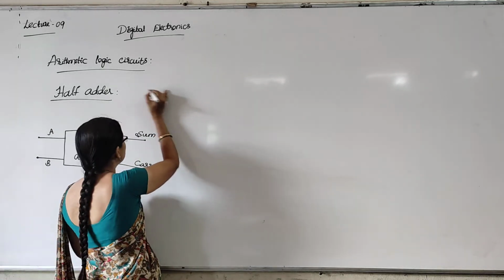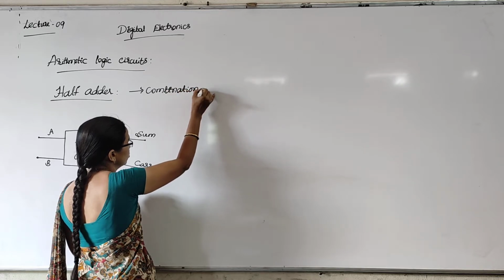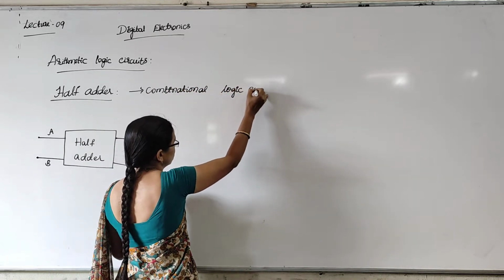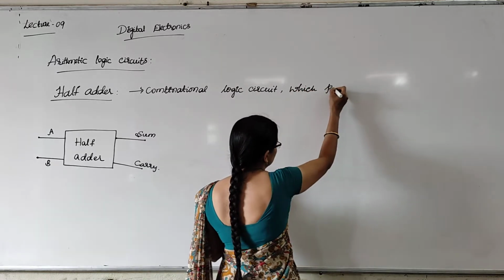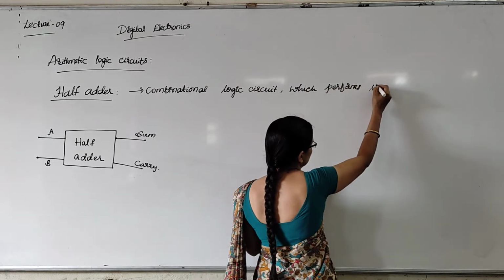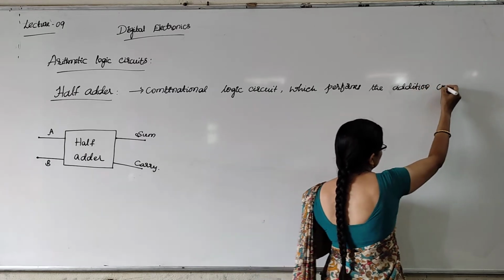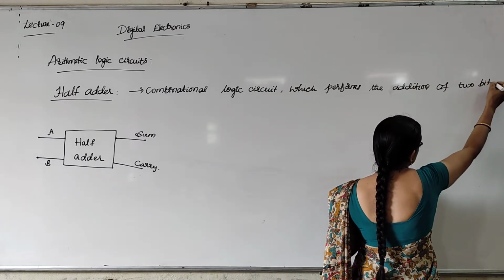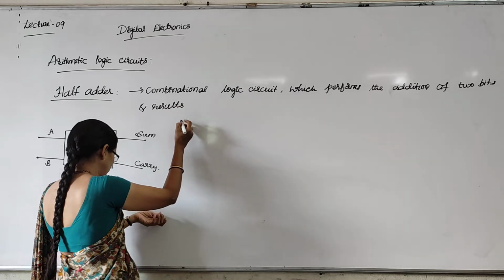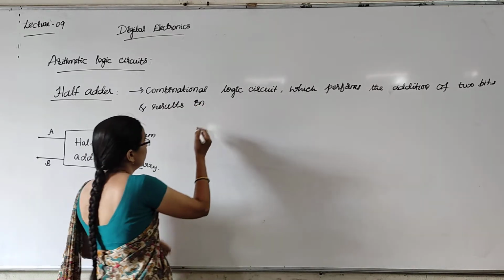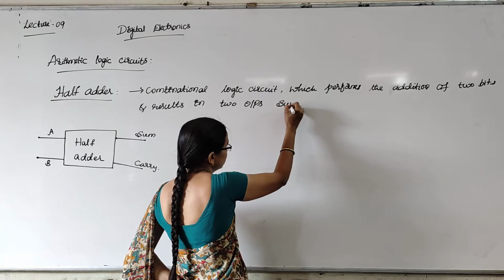Half adder is a combinational logic circuit which performs the addition of two bits and results in two outputs, sum and carry.